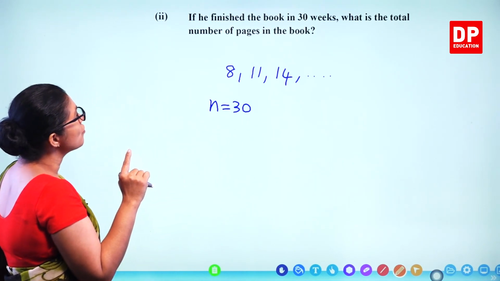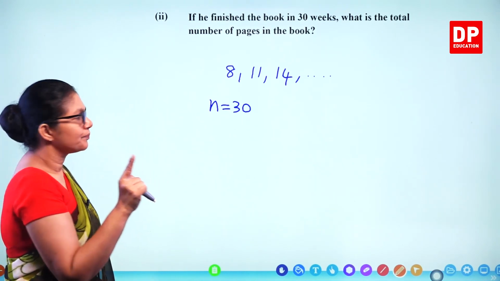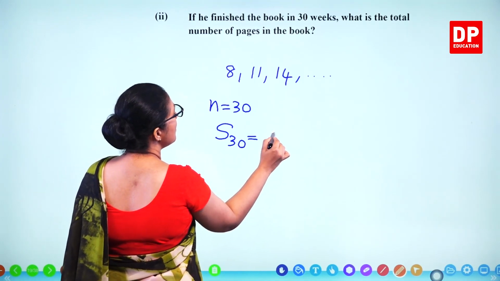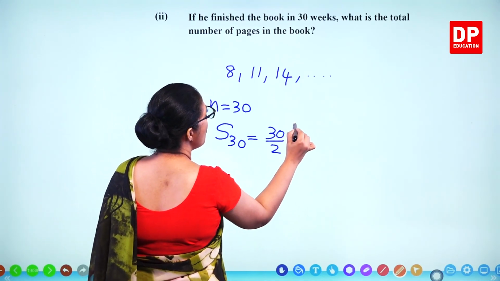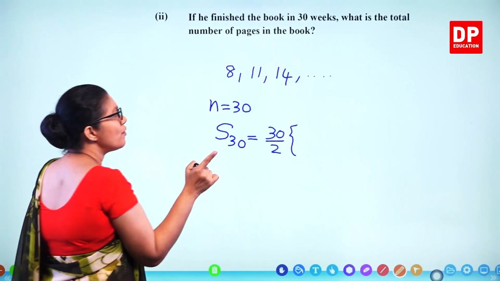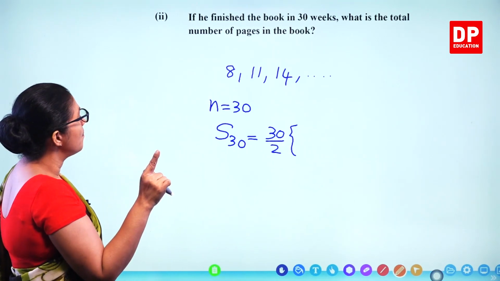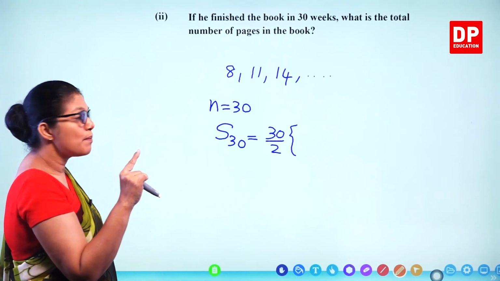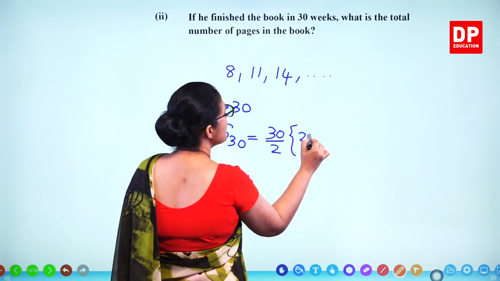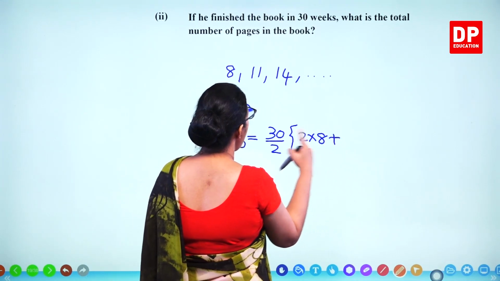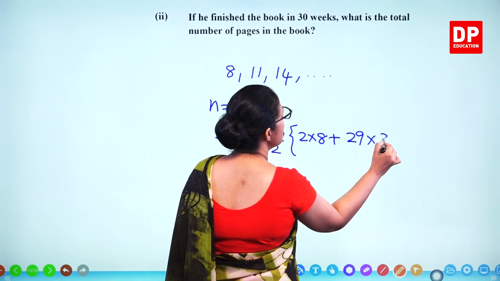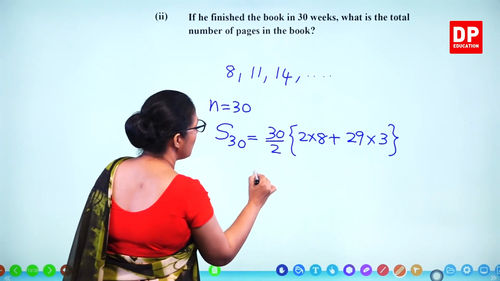And you are asked to find the total. So what's the total? S30, 30 divided by 2. We don't know the last number, so we can use the other formula, 2a plus n minus 1 d. 2 times 8 plus n minus 1, so 30 minus 1, 29 into d. d is 3.